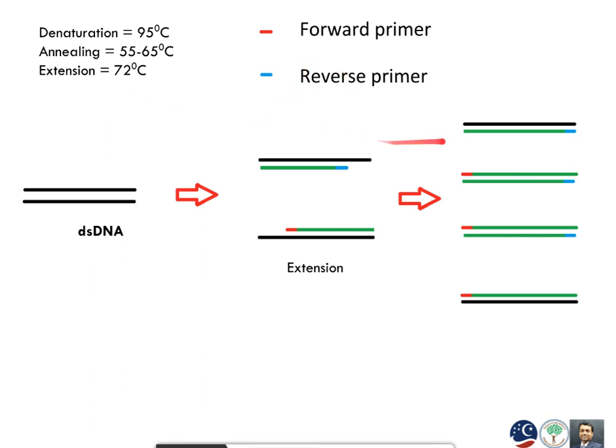So at the end of the second cycle, we are getting four different double-stranded DNA molecules, which is also our target DNA. Right? So this is actually the basics of the polymerase chain reaction. So one DNA molecule, after two cycles, is forming four molecules. Usually we run PCR for a number of cycles, something around 35 to 40 cycles, making millions of copies. We'll see the calculation later.